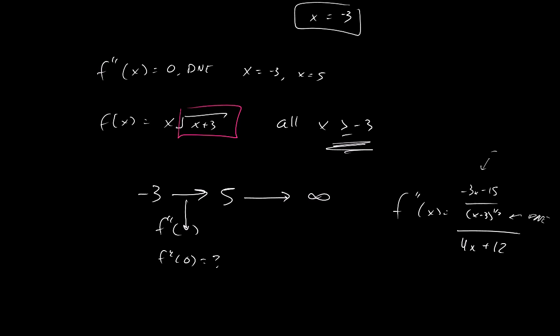So we have to pick a number bigger than negative 3. Otherwise we're going to get a does not exist. Let's go 4. So what is f double prime of 4? Let's go back to the drawing board with that one. So our top, still going to be negative, because a negative 3 times 4 is 12, minus 15, still negative.